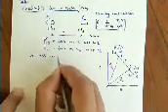Now first we will calculate F12, the force on 1 due to second. So here the force on 1 due to second in vector form is equal to, it has two factors.